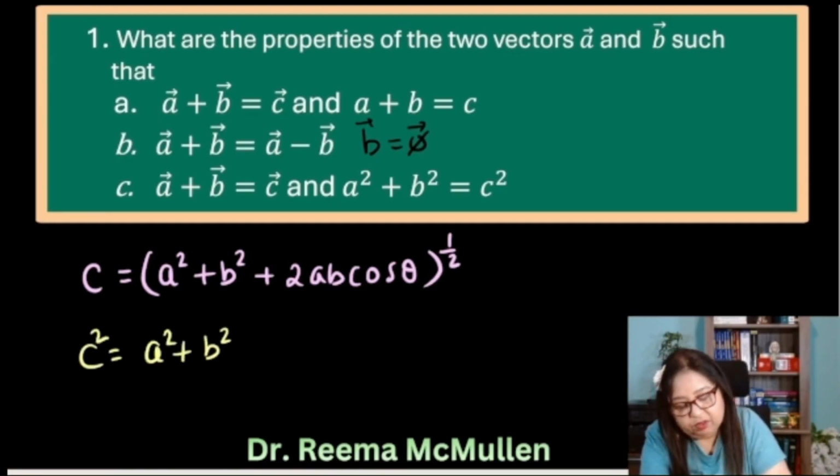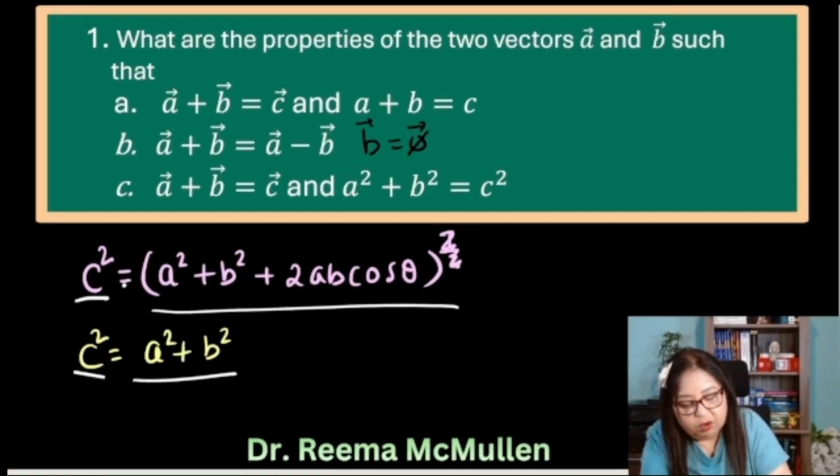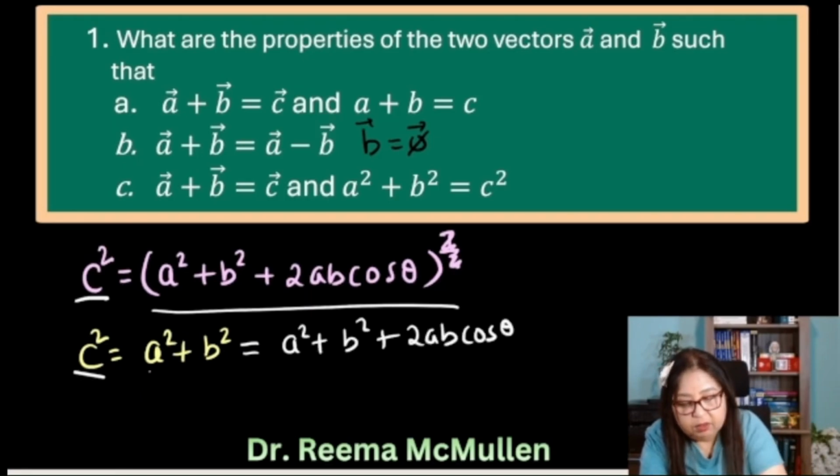So if I square this, then we get rid of this square root. The C squared equals C squared, left side is the same. That means the right hand side must also be the same. That means A squared plus B squared equals A squared plus B squared plus 2ab cosine theta.